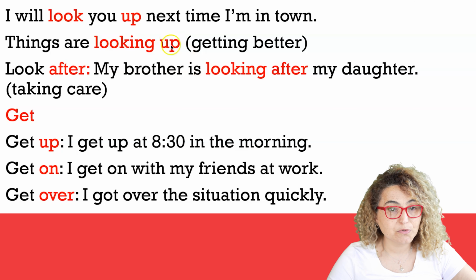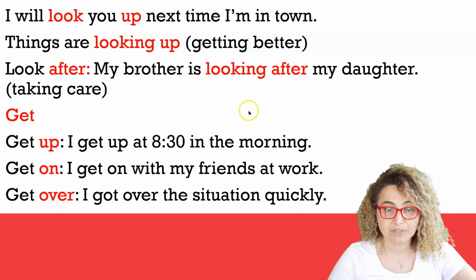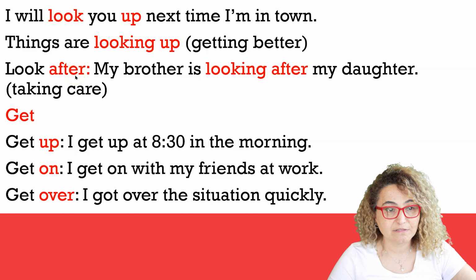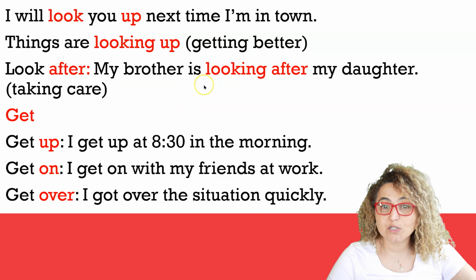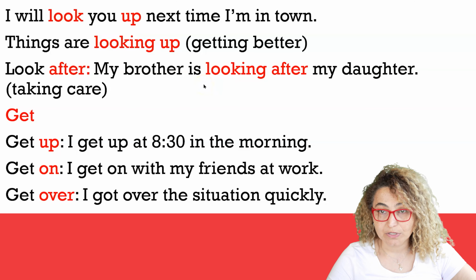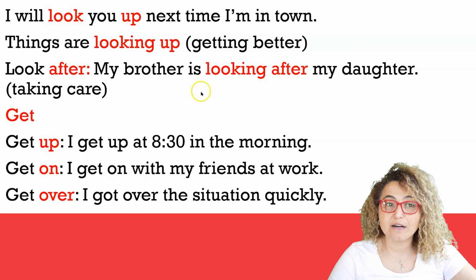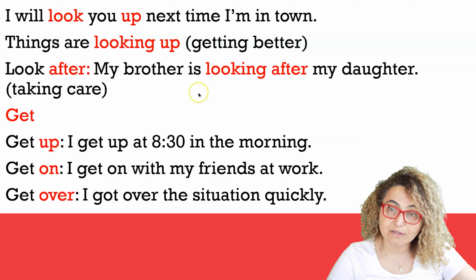So do you notice when we add these simple prepositions, we change the meaning of the verb? What about if I put after? Look after. So my brother is looking after my daughter. That means he's taking care of her. Look after, that means to take care of someone.